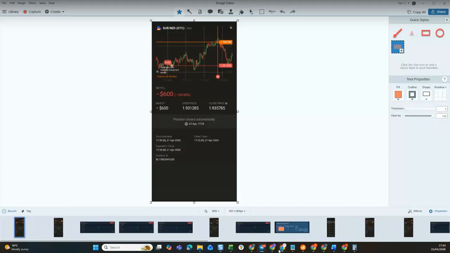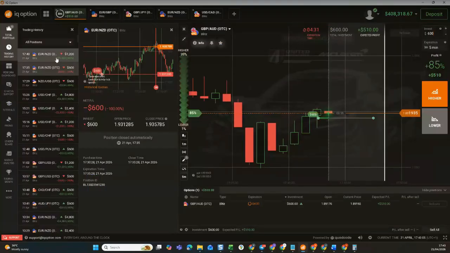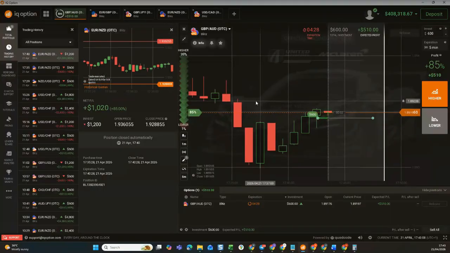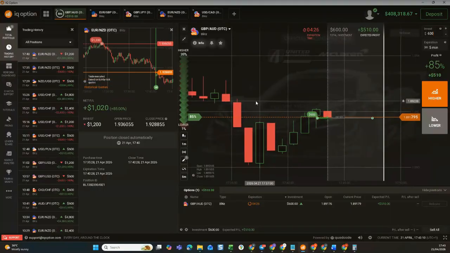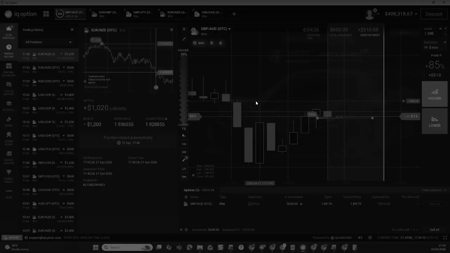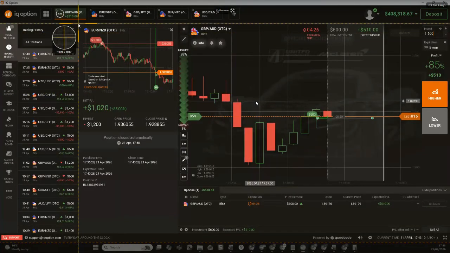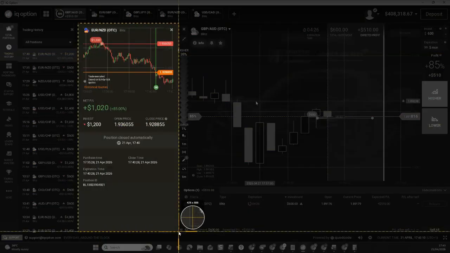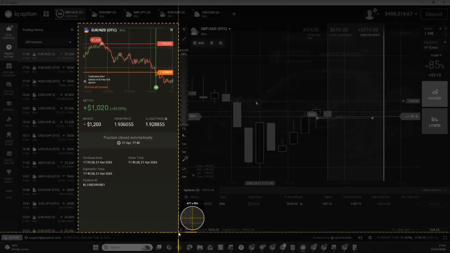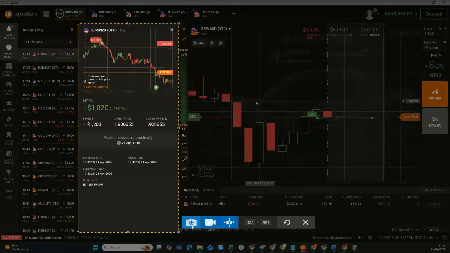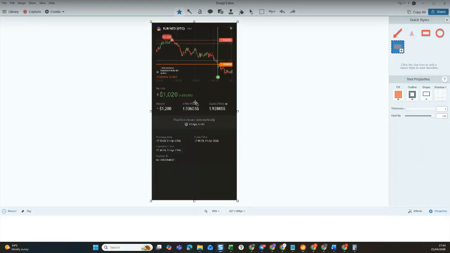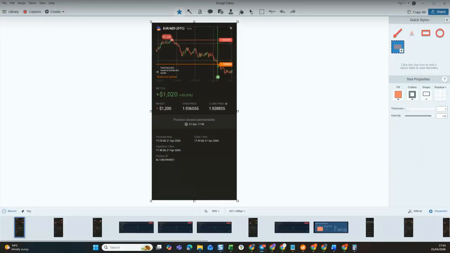Then we do another one, which is Euro NZD. That was the second signal on this live session, which was Euro NZD. So this is 420.